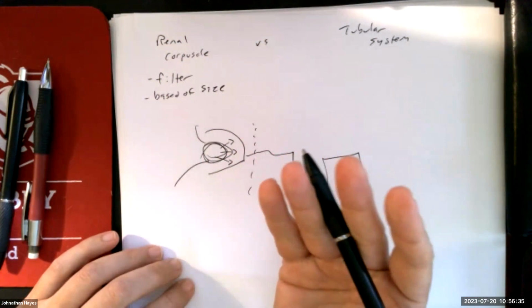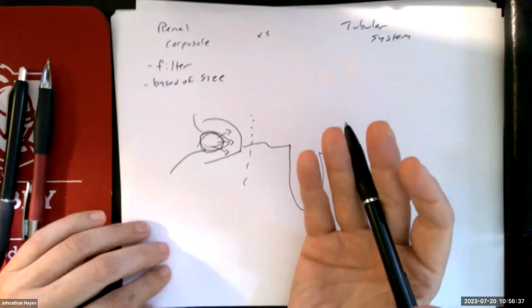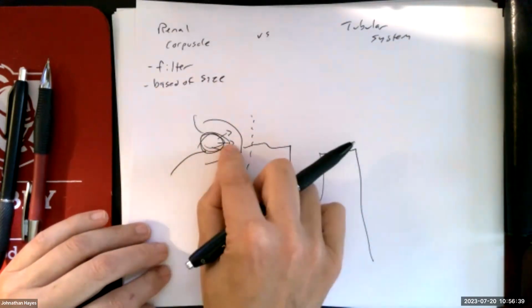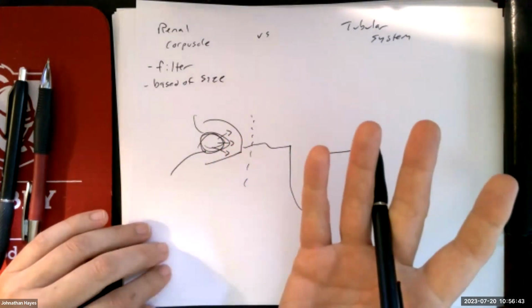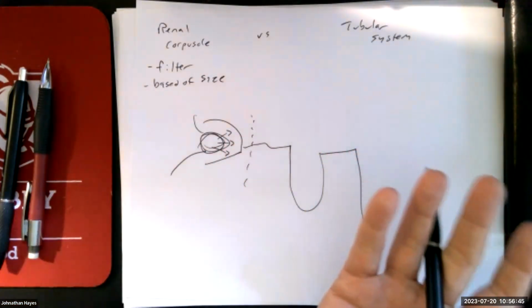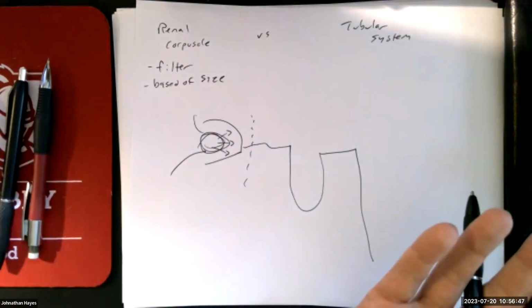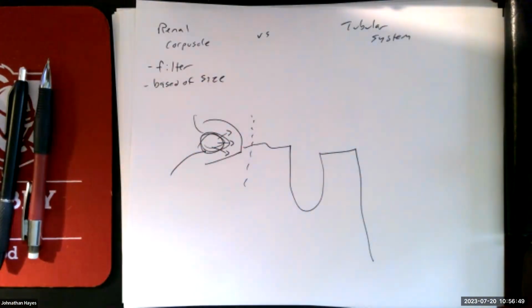So from a kidney perspective, we're going to be filtering stuff from the blood plasma, and floating around in that blood plasma is going to be a mixture of nutrients and metabolites. Again, that's something that might have been discussed in the blood immunity lab chapter.